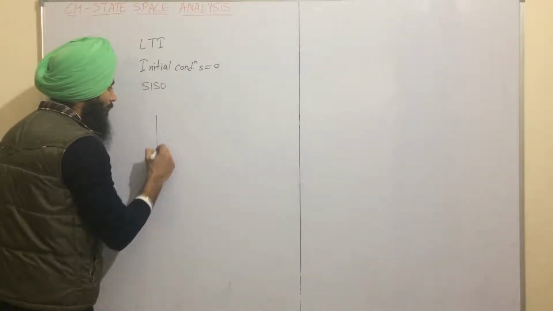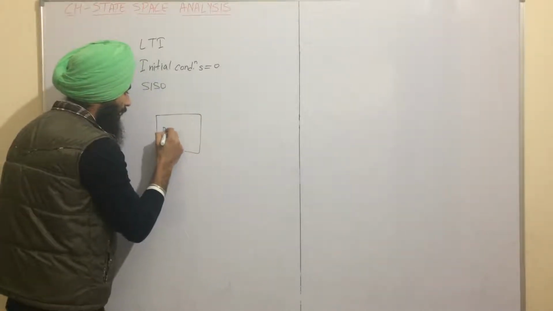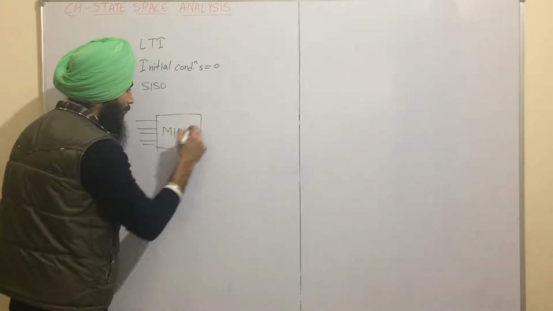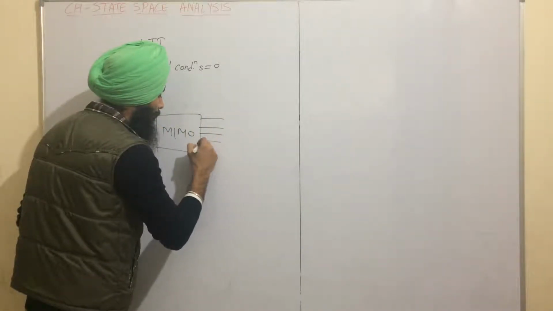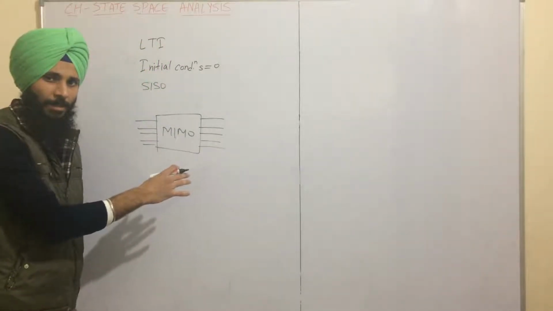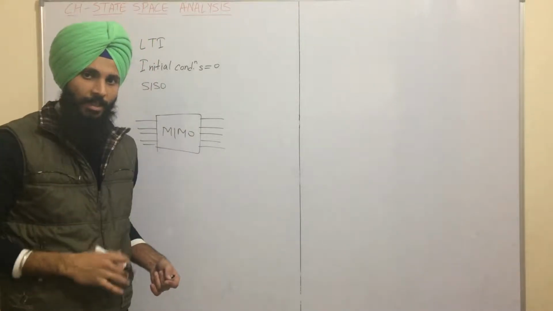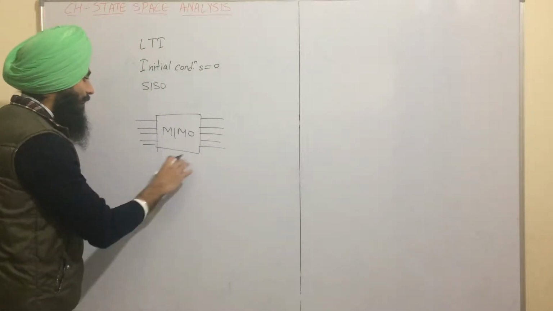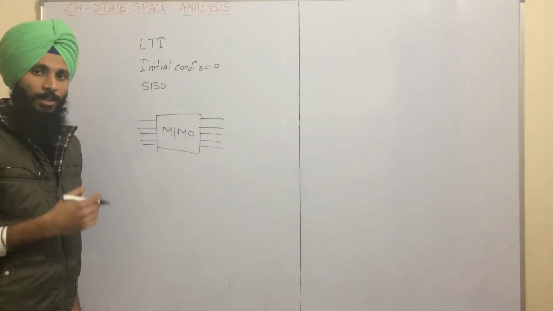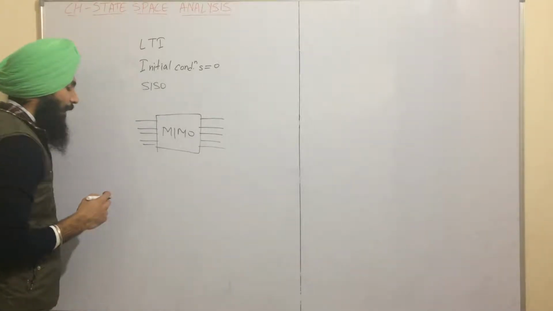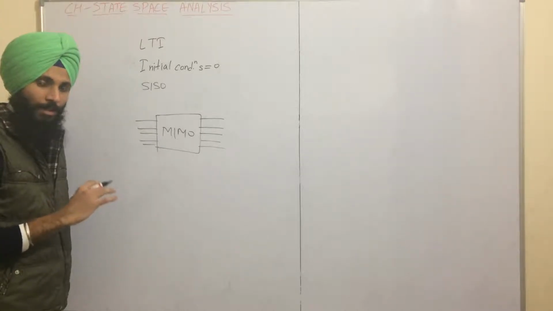But if we have a system like this that has multiple inputs and multiple outputs, to analyze this system we cannot use those techniques, and how do we do that we will learn in this chapter. To analyze a multiple input multiple output system, we need to create a set of two equations combined, that is known as the state model of a system.